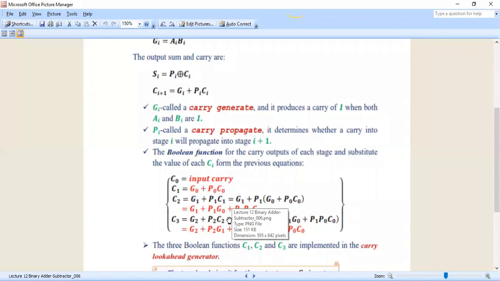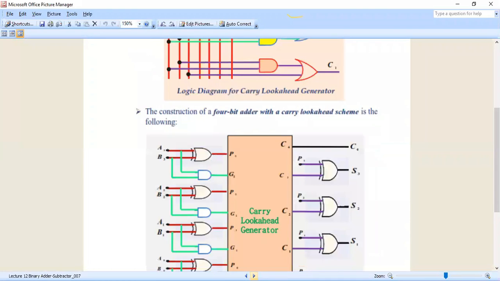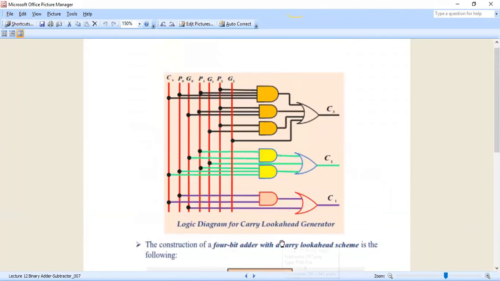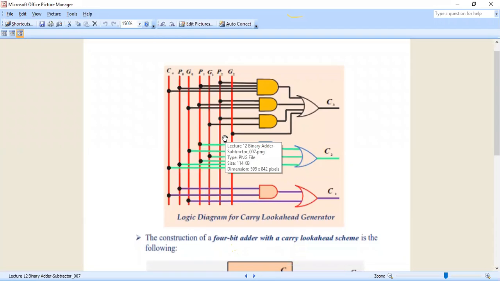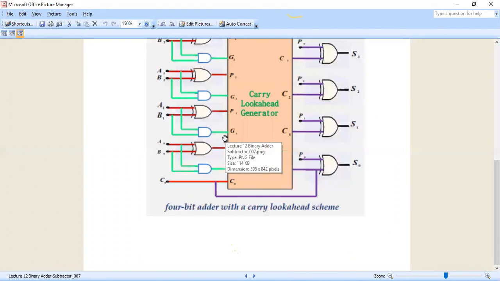For these Boolean expressions, we construct the diagram for the carry look ahead generator. There is no need to depend on the previous output. So we can draw it directly and take the values from the inputs. That is the carry look ahead generator.